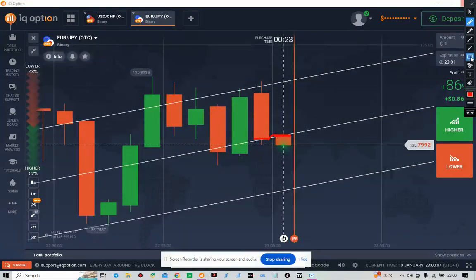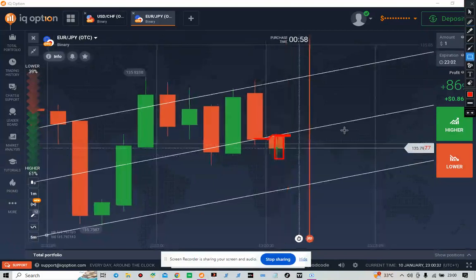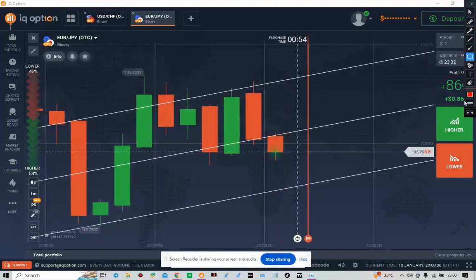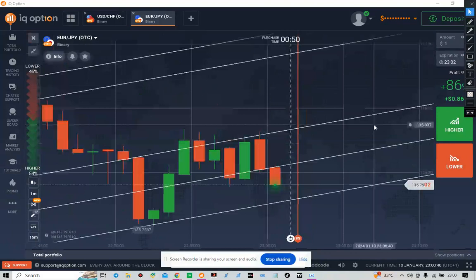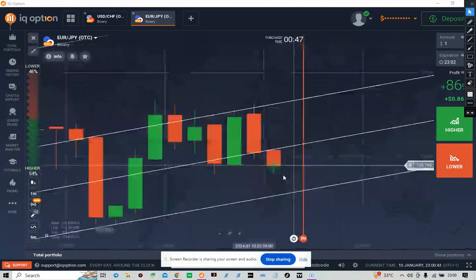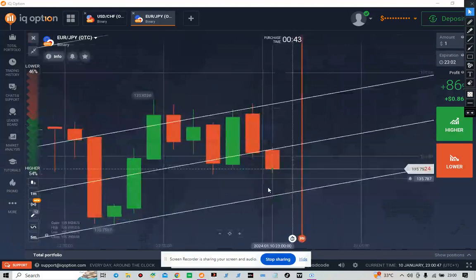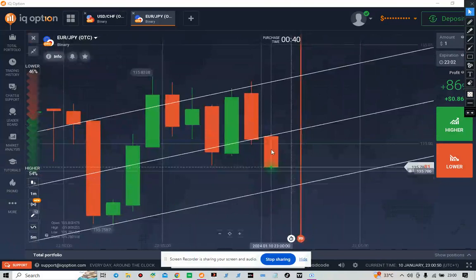So it's a sign the sellers are likely to enter again for another 1 minute. See that sellers are entering the market and buyers are rejecting them. You can see the rejection, there's a selling pressure.